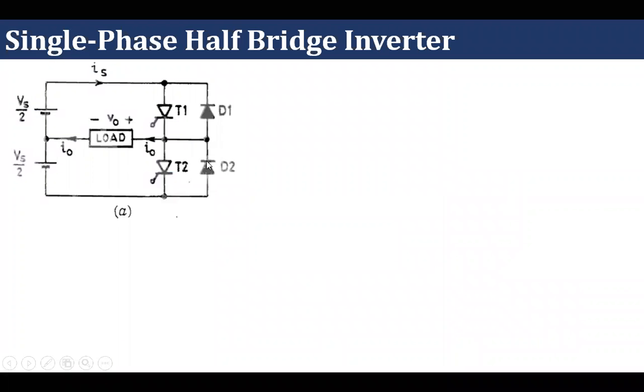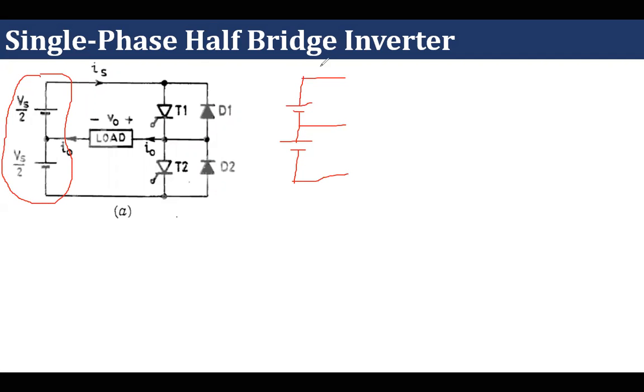This is a circuit diagram of a single phase half bridge inverter. From the input side, we have to get a three wire DC situation. So how can we achieve the situation of three wire DC? We have to take two DC sources of equal magnitude and connect them in the right polarity, and this will give three wire DC, wire number 1, wire number 2, wire number 3.